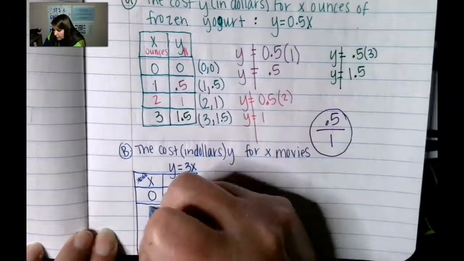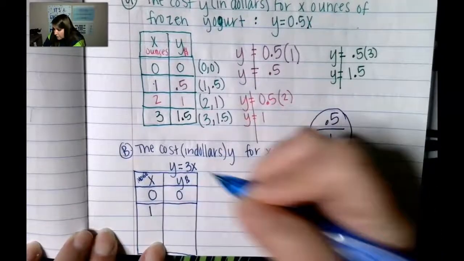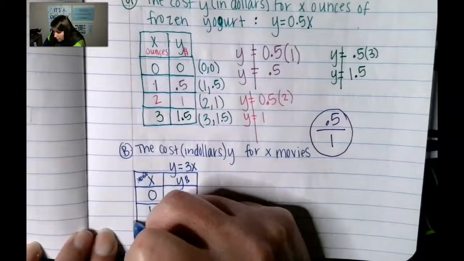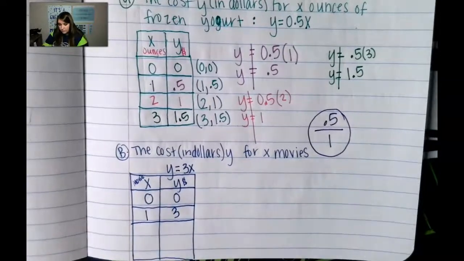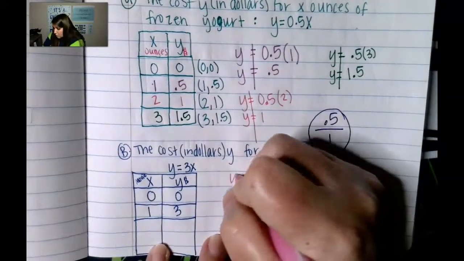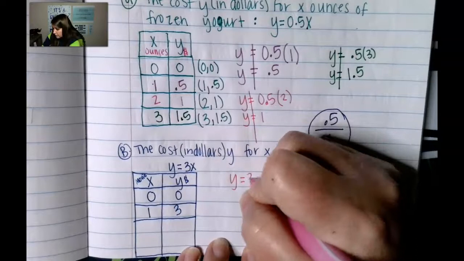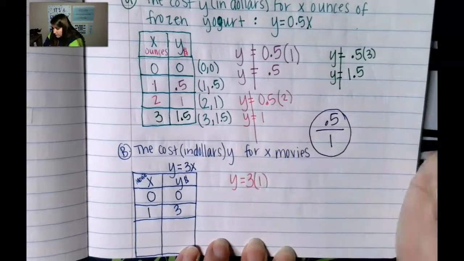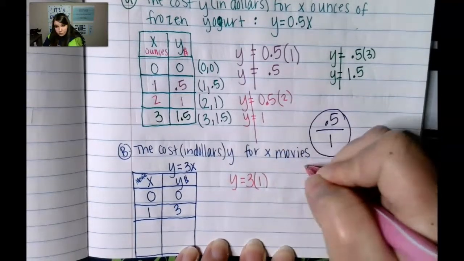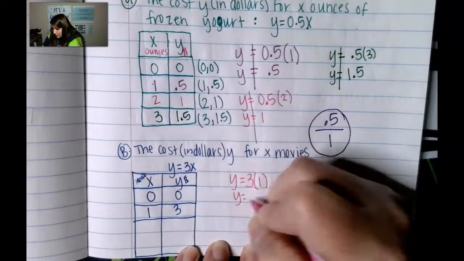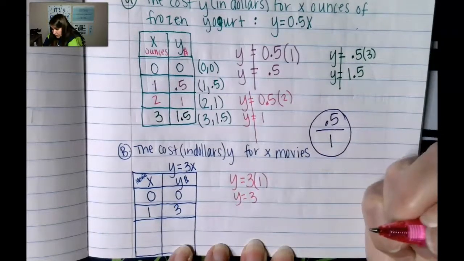If I rent 1 movie, I'm going to pay $3. Okay, so we can look at this like this. So Y equals 3 times 1 movie, because X is the number of movies. So Y equals 3 or $3.